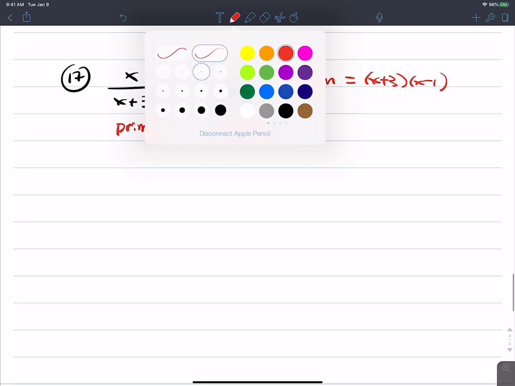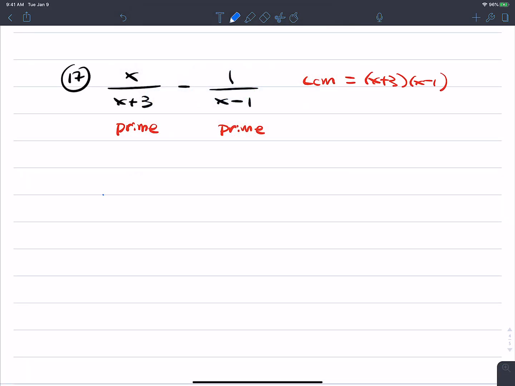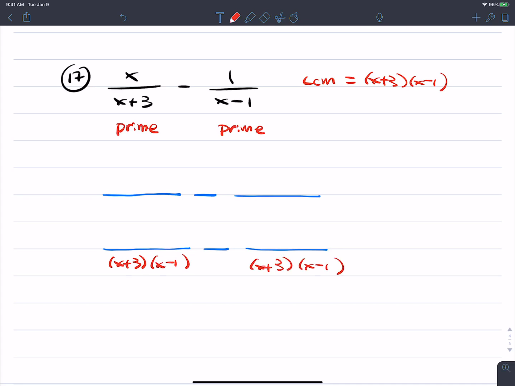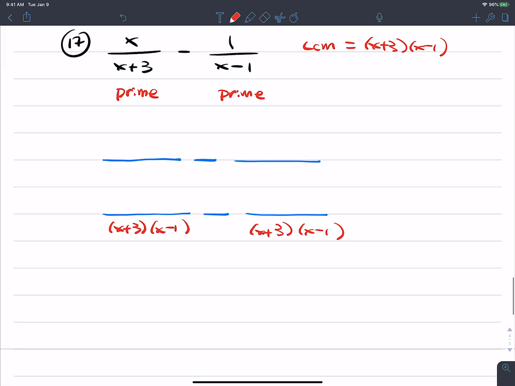So with our setup now, the LCM down here is going to be x plus 3 times x minus 1, and don't forget to copy your fractions here.